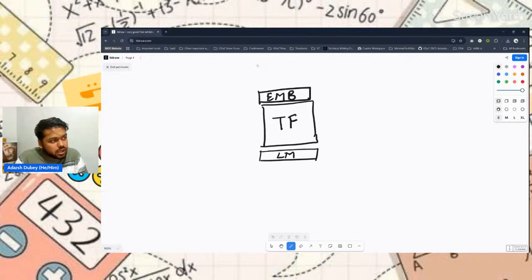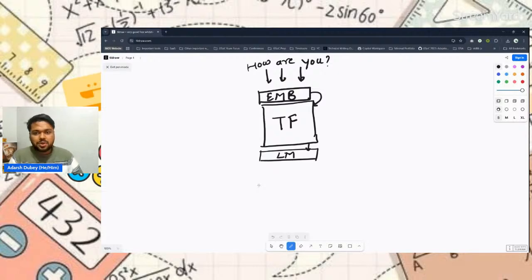So we put in our text, suppose it is how are you. This text goes into the embedding layer. Then from the embedding layer, it goes to the transformer layer, and from the transformer layer, it goes to the LM head layer. Okay, cool.